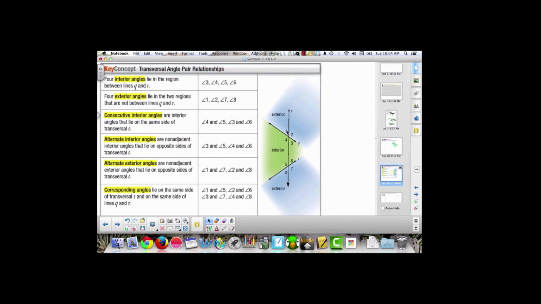For example, angle 1 and angle 5 are a pair of corresponding angles because they are both on the left side of transversal T, but angle 1 is in the exterior and angle 5 lies in the interior of lines Q and R. Angle 2 and 6 are also a pair of corresponding angles. Angle 3 and angle 7 are a pair of corresponding angles. And finally, angle 4 and angle 8 are a pair of corresponding angles.